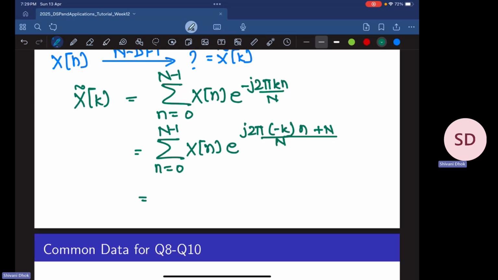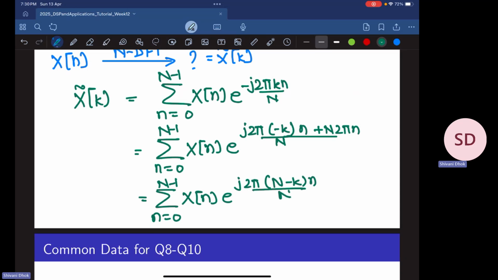So now what we get, or rather 2 pi n. So this is equal to summation n equal to 0 to N minus 1 X of n into e power j 2 pi n minus k n by N.